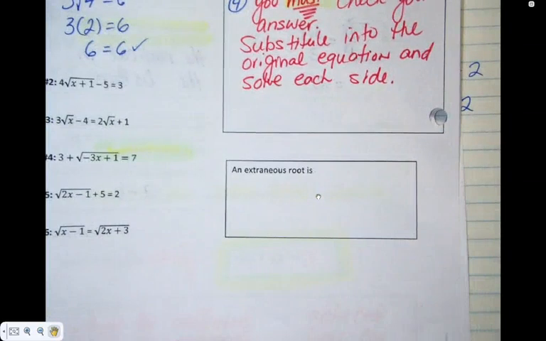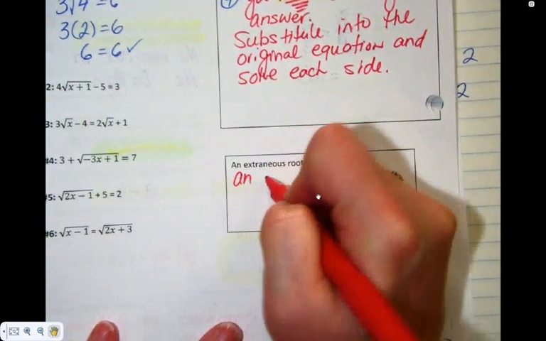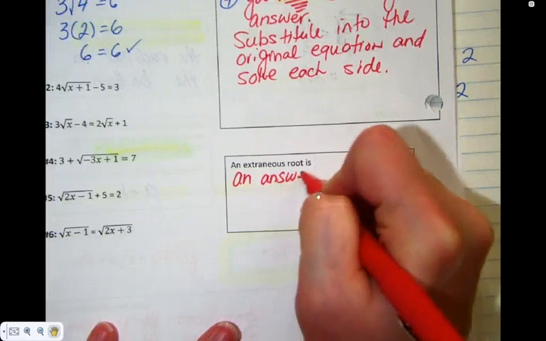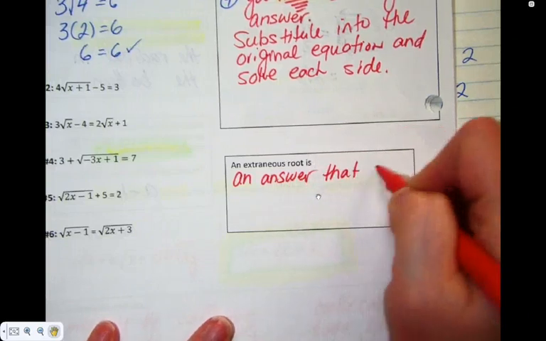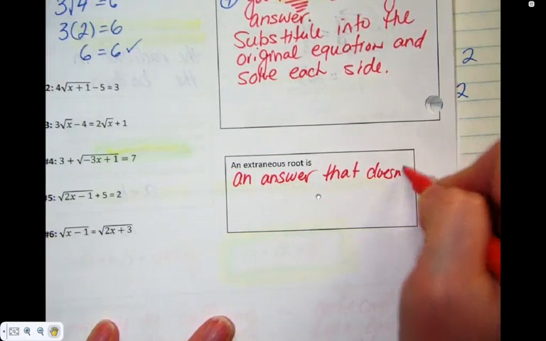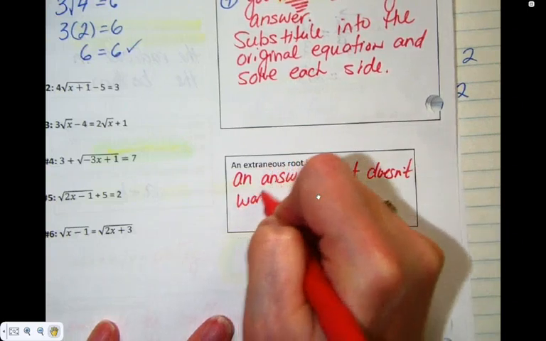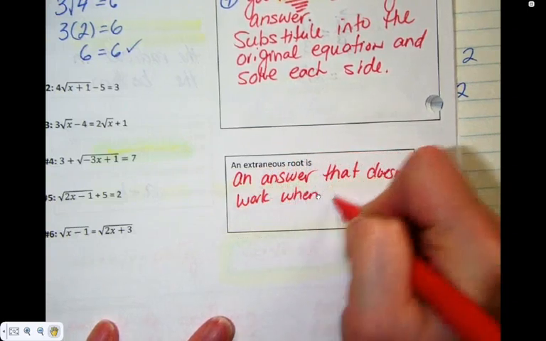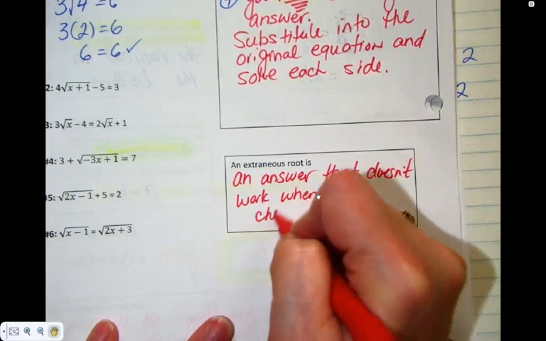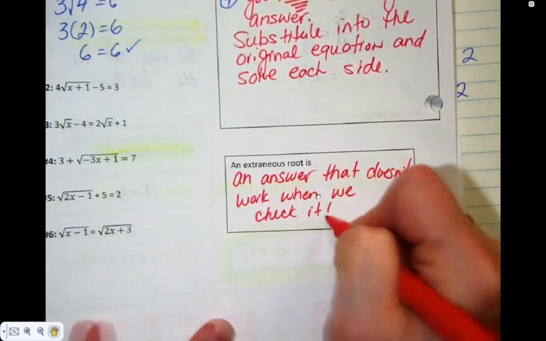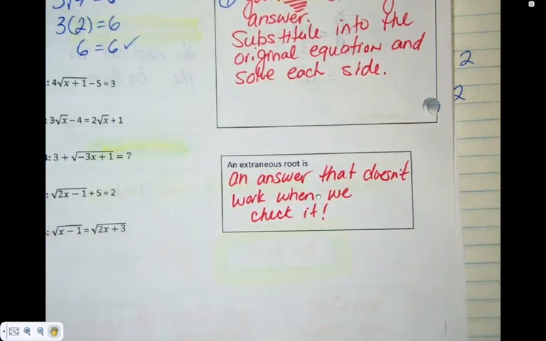An extraneous root is an answer that doesn't work when we check it.